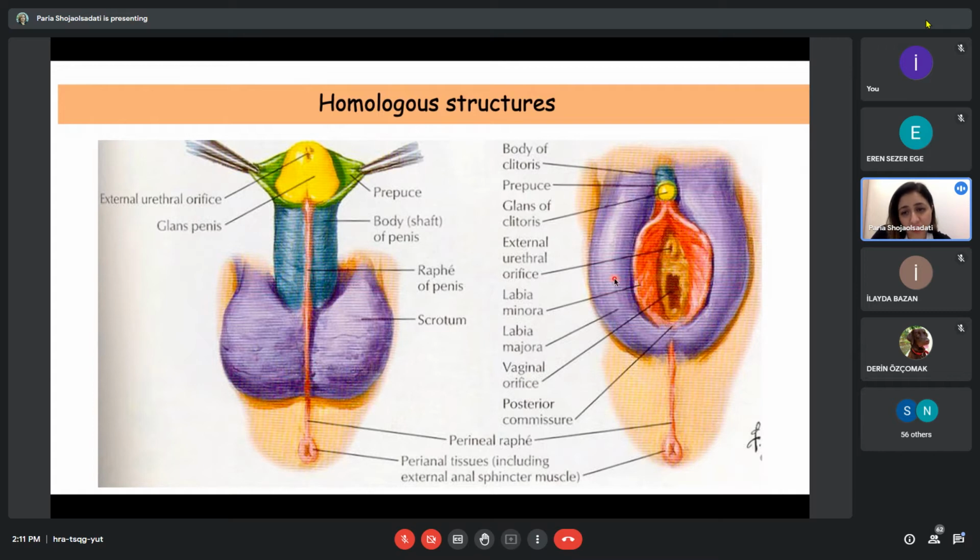The labia majora and scrotum come from the same structure, and these are homologous. The raphe scroti is homologous to the labia minora.